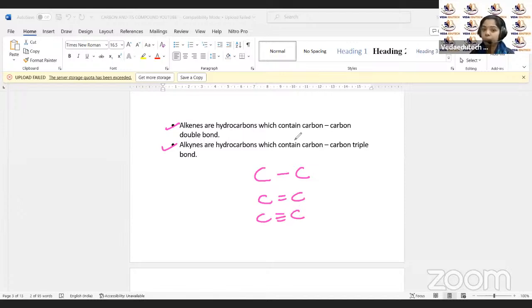For alkanes, we have carbon single bond carbon. In alkenes, we have carbon double bond carbon. And for alkynes, we have carbon triple bond carbon between them. You can note this down.